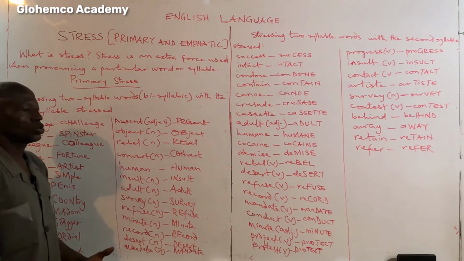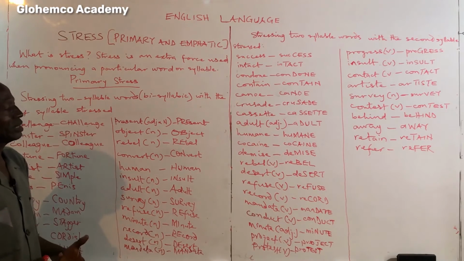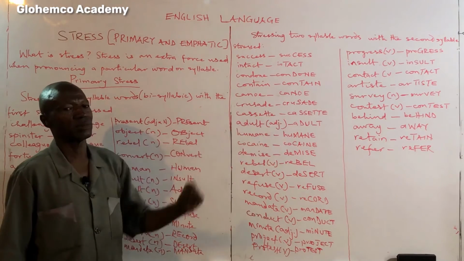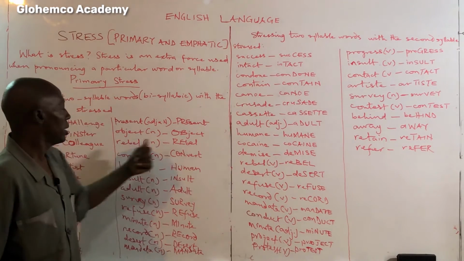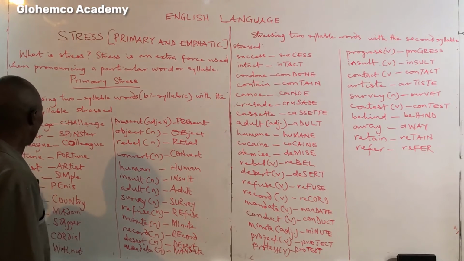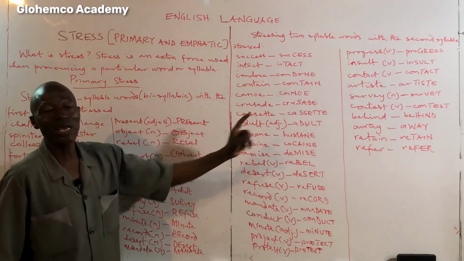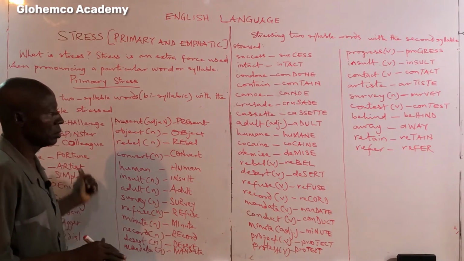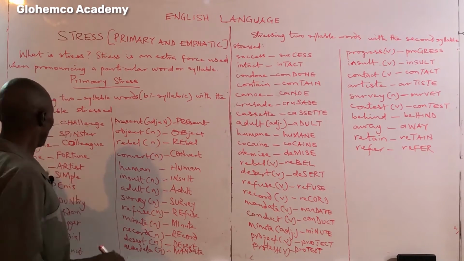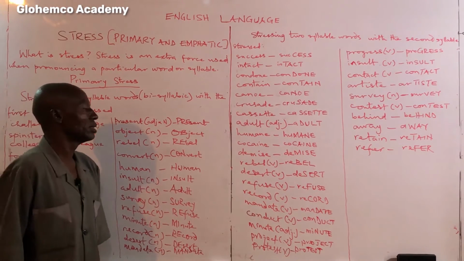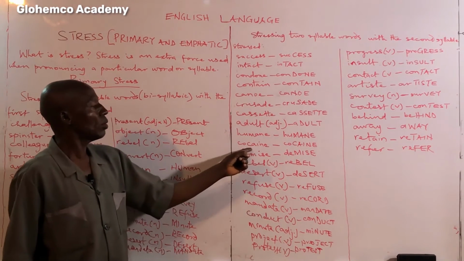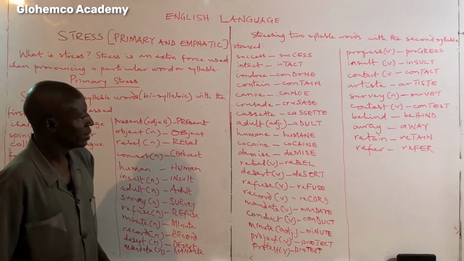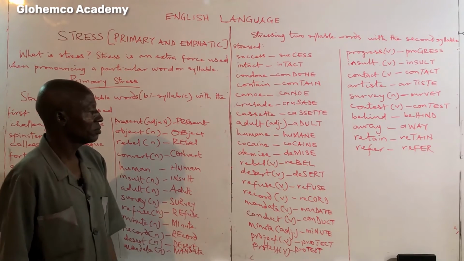Obviously, the two don't sound alike. Here you have human and here you have humane. They do not have the same sound. Now we have cocaine, then we have demise.